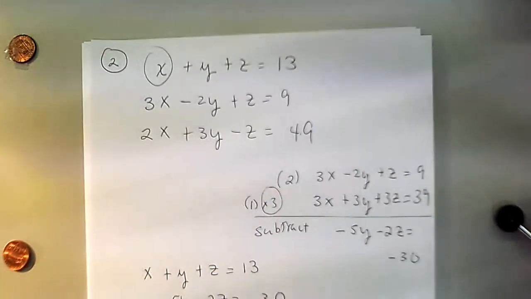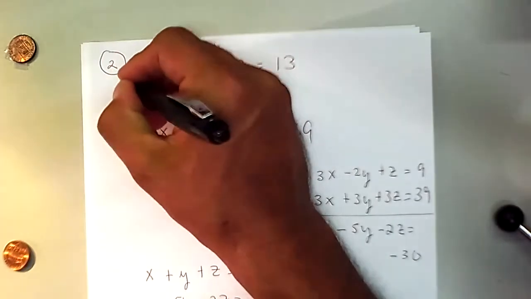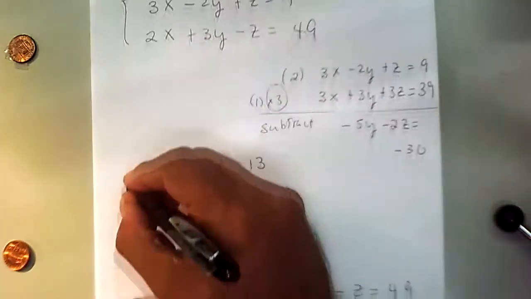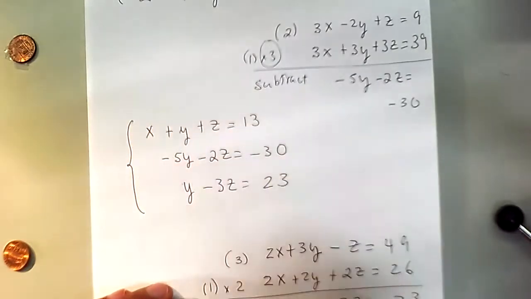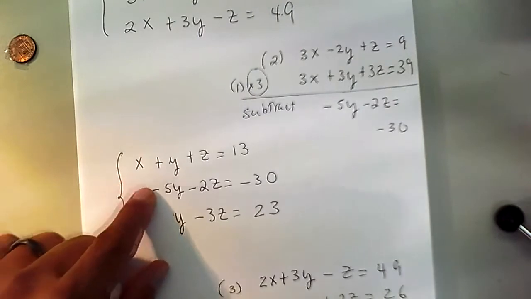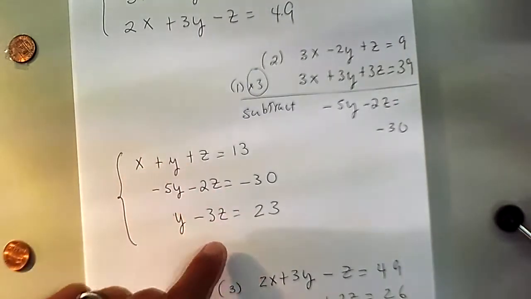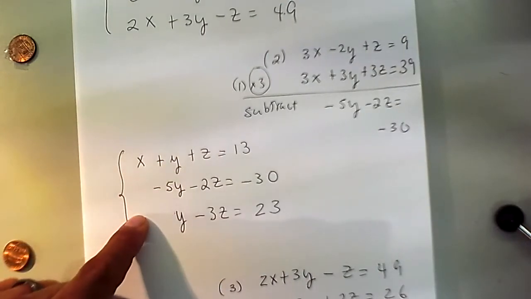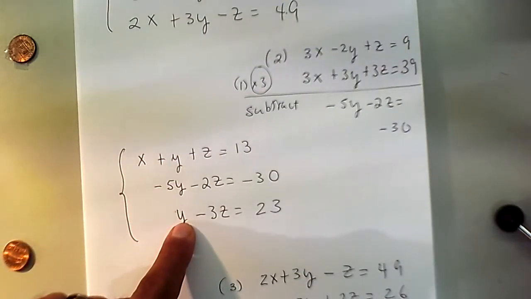Okay, so we went from this system of equations to this new system of equations, which is more upper triangular. It's not totally upper triangular because when we have a 3 by 3 system, we should have 0 here, which we already have, 0 there.